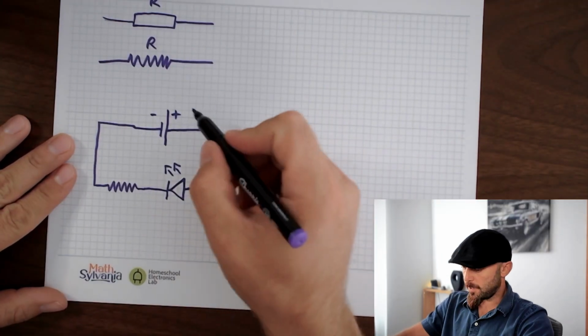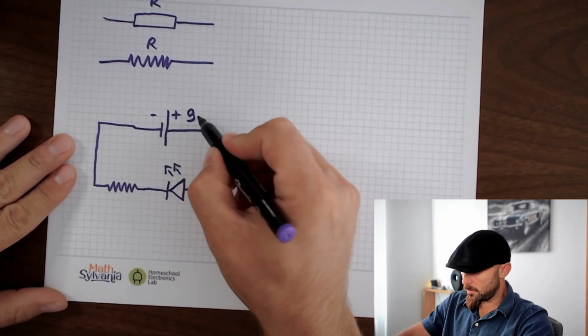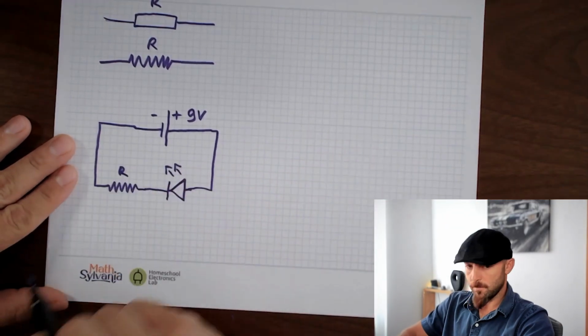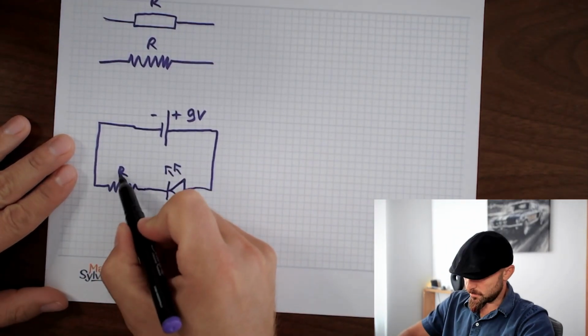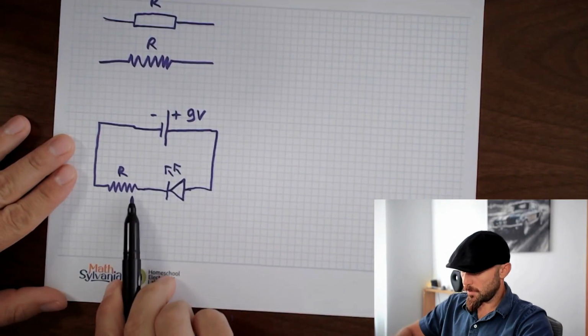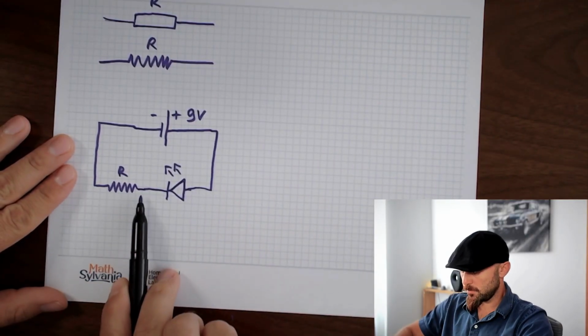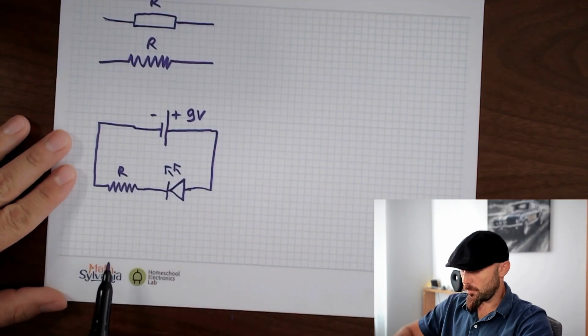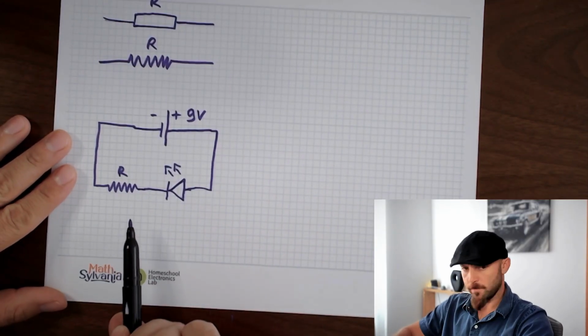And the reason for that is because this battery is 9 volts. So we will be placing this resistor here. The resistor, as you can see, is bidirectional. It doesn't matter which end is which when you hook it in.